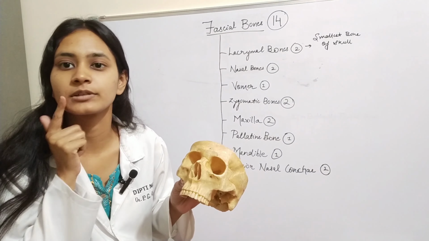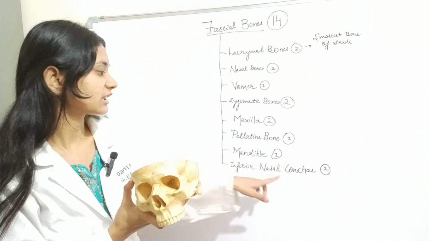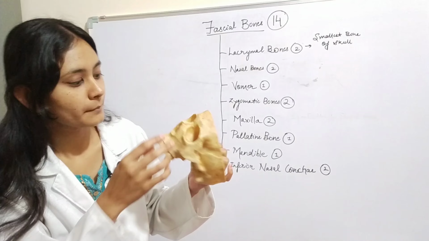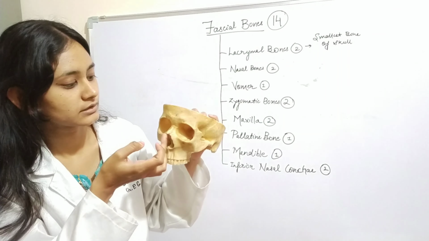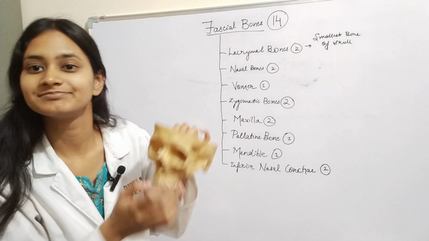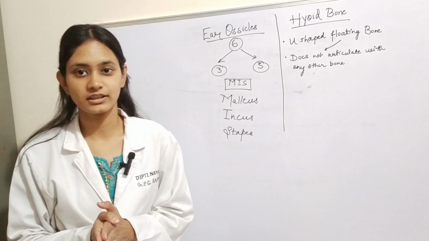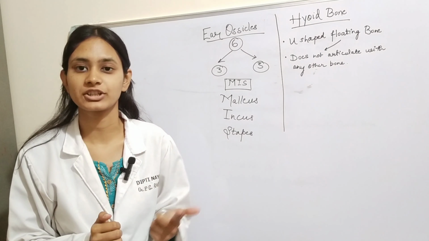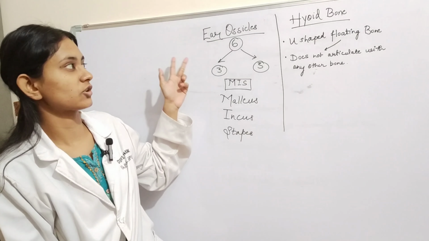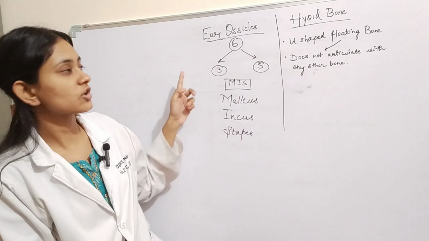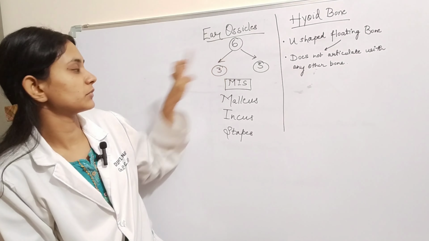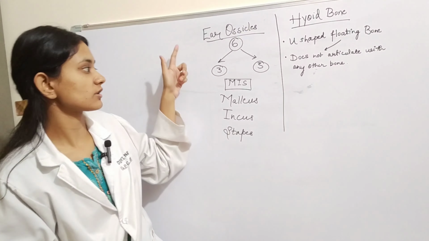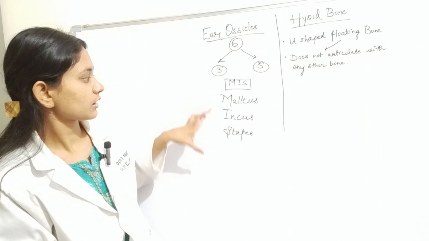This is maxilla, this will be your mandible. And inferior nasal conchae, it is 2 in number. It is on the inner side of the nasal bone. So in the skull we have covered cranium, facial bones, and now there are ear ossicles and hyoid bone. Ear ossicles is 6 in number, which is 3 on each side. Ear ossicles has 3 bones.